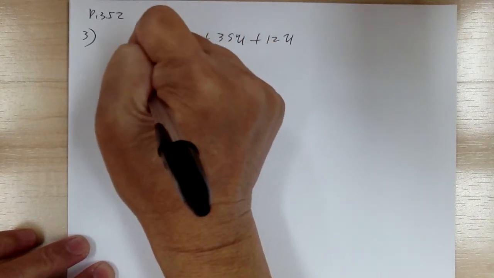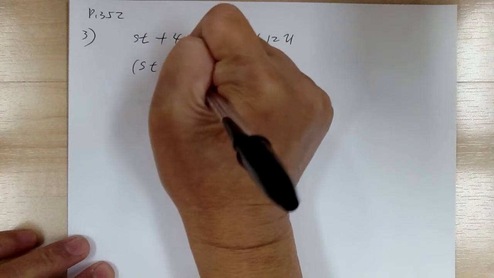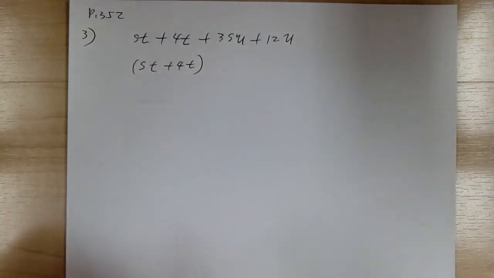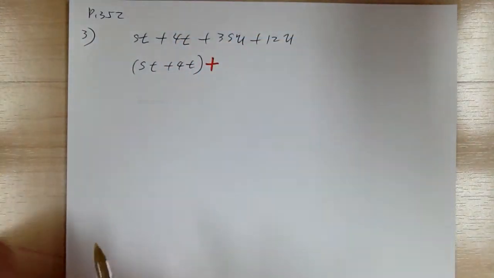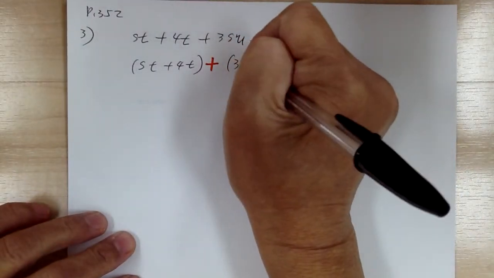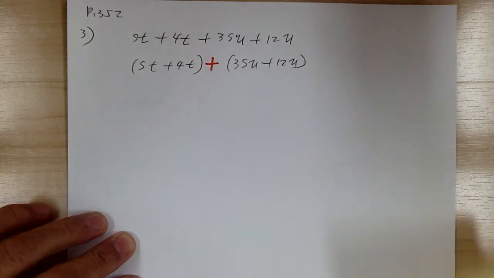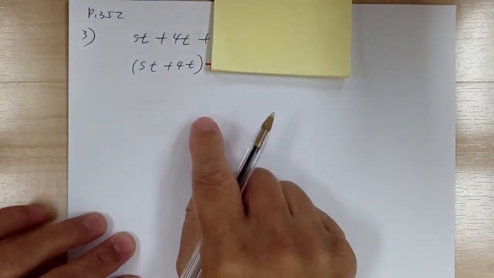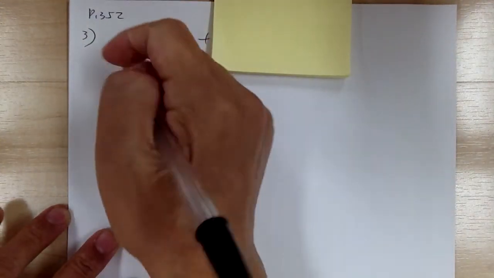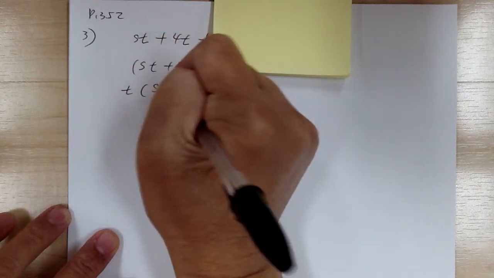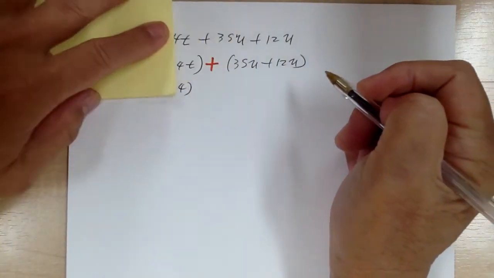So ST plus 4T plus 3SU plus 12U. Okay, so let's do 1 half at a time. So focus on this half. This one you can factor the T. So you got S plus 4. Let's go do the second half.